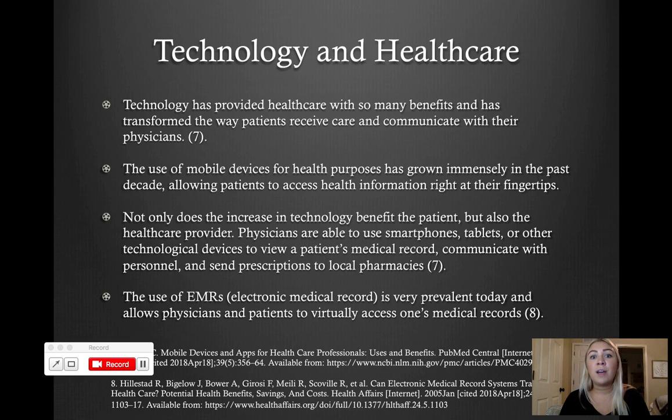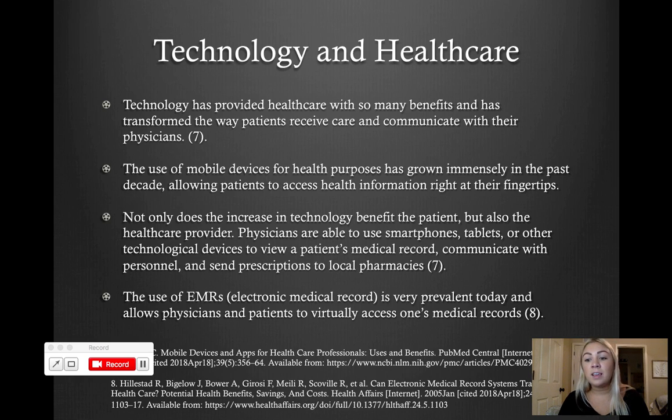Technology and healthcare. As we know, technology is a booming industry. Things are ever changing, and it has provided healthcare with so many benefits and really transformed the way patients receive care and the way that they are able to communicate with their physician. The use of mobile devices for health purposes has grown so much in the past decade, allowing patients to access health information right at their fingertips.